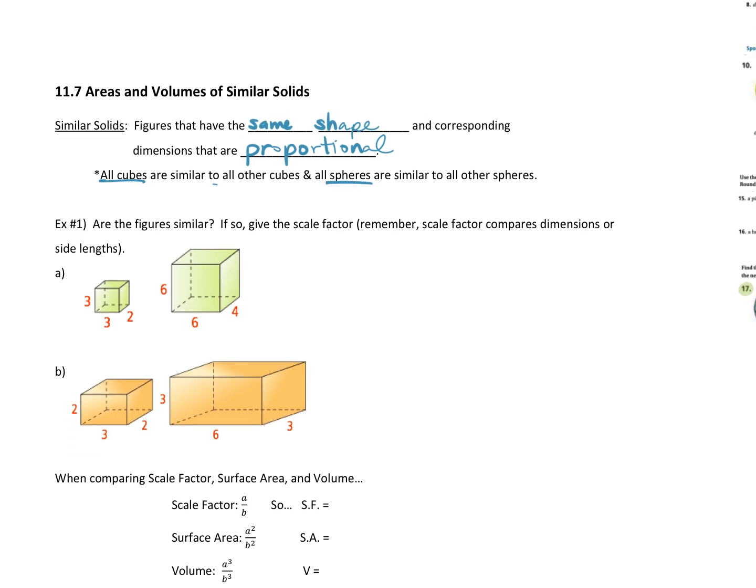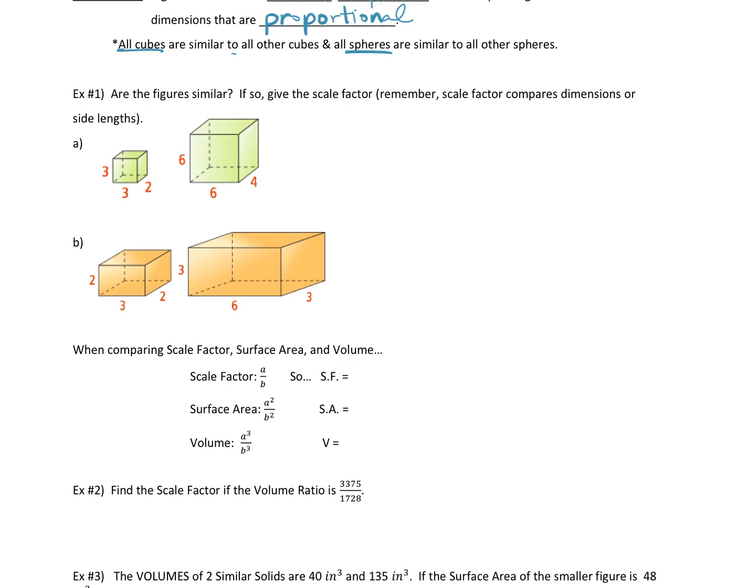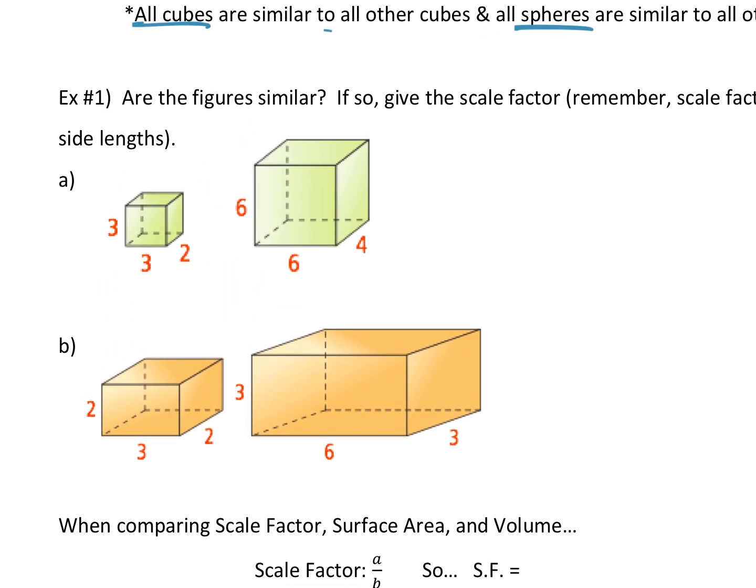Okay, first example then. You have these two figures, and the question is, are they similar? And if they are, I want to know the scale factor. Remember scale factor, right? So take a look at what we know. This 3 would correspond to what dimension? The 6.